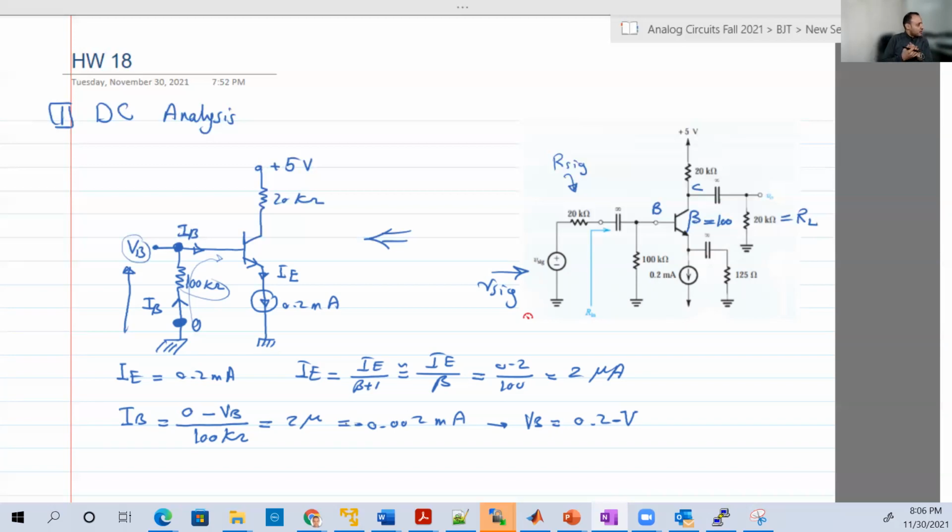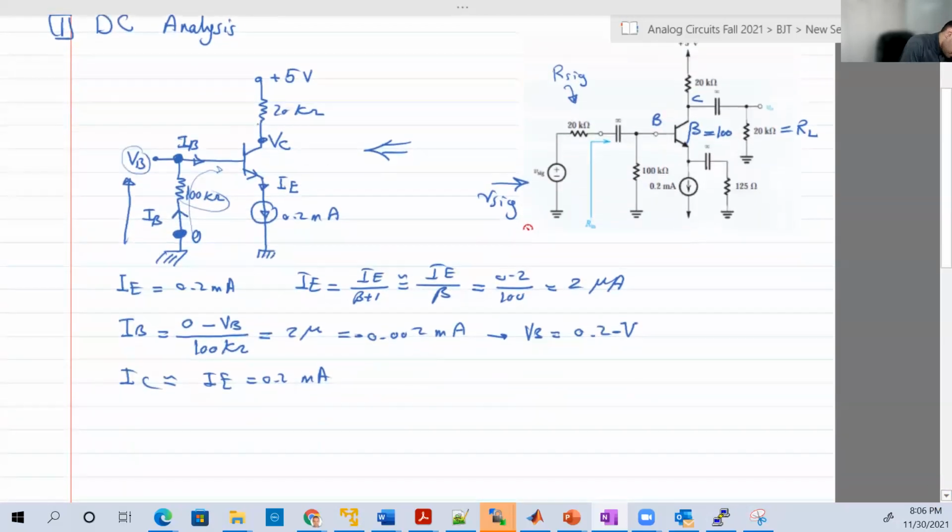What else was required? VC. So VC is the voltage at that point. We said that IC is approximately equal to IE, so it's 0.2 milliamperes. IC is flowing in that branch, flowing from the 5 volt to VC, going into the collector. So IC is equal to the point from which it goes out, which is the 5, minus the point that it is going to, which is VC, over the 20 kilo ohms.